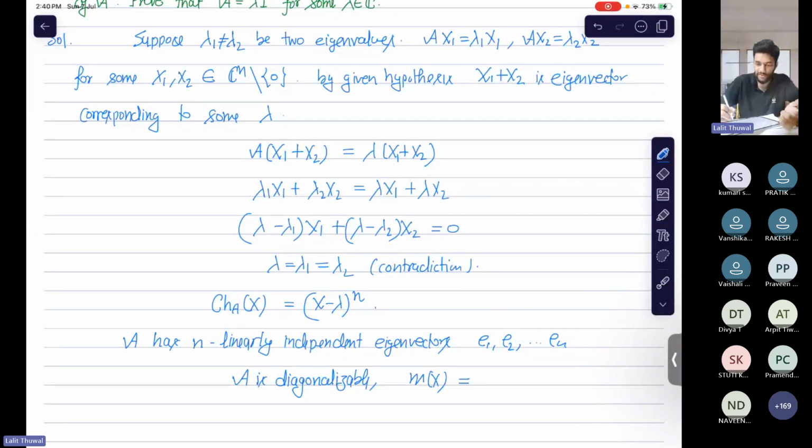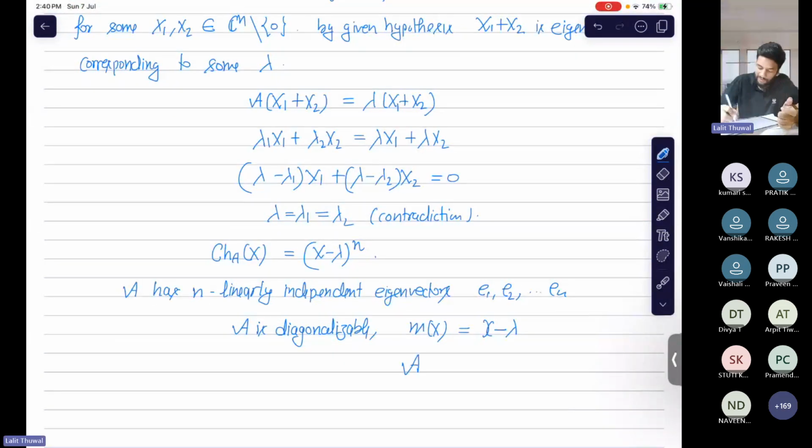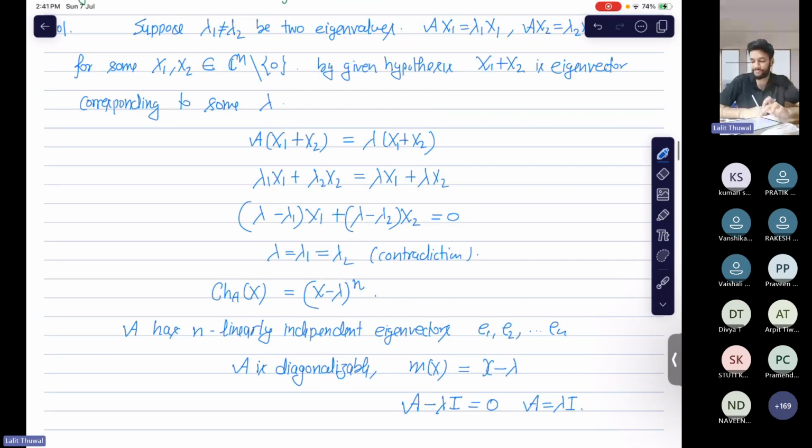We have no choice other than that, right? Now put A, because the minimal polynomial will annihilate it. So if we put A, then it must be 0. So from here we prove that A is a scalar matrix.